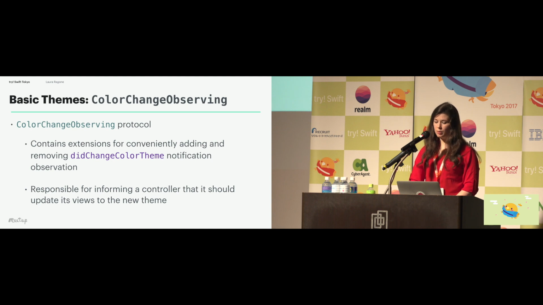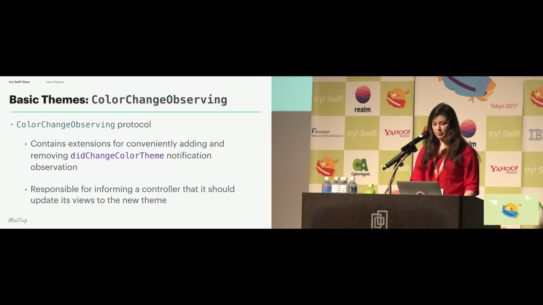With our common ColorUpdatable interface established, we can now address the task of observing color update messages. To that end, we must create yet another protocol. We'll call it ColorChangeObserving.